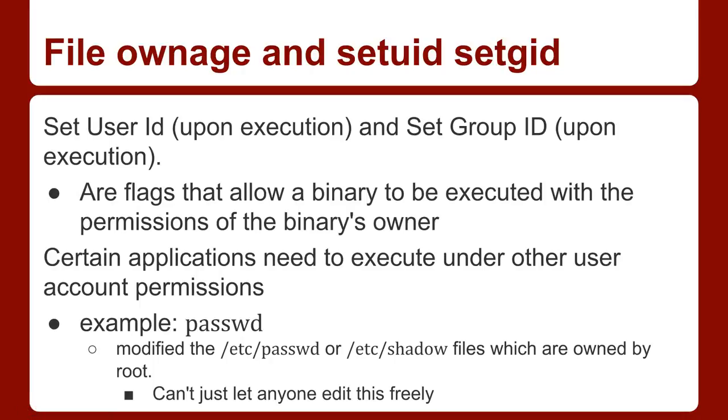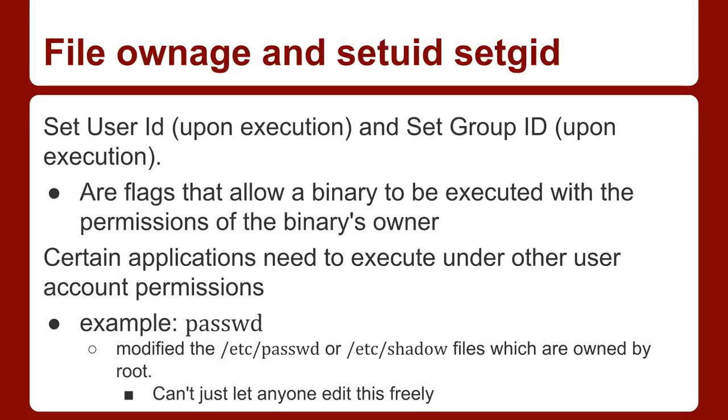For instance, changing my own password requires accessing the etc shadow file. However, I don't need to be root. I shouldn't need to be root in order to do that. So the password binary is set UID as root, and it performs a very singular task, and then it de-escalates permission when it's done and returns back to the user having changed their password, and it is done.